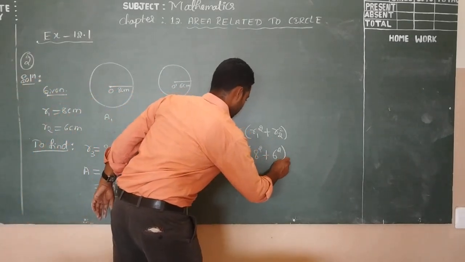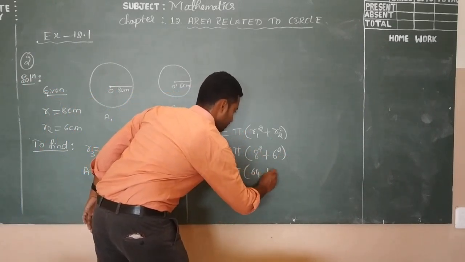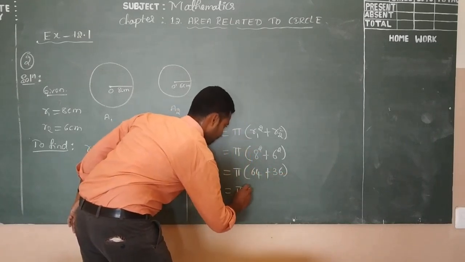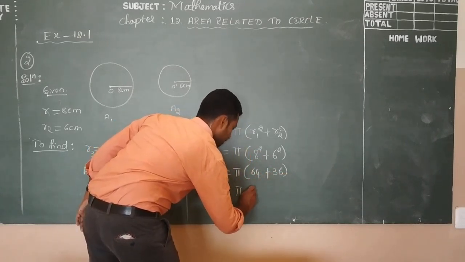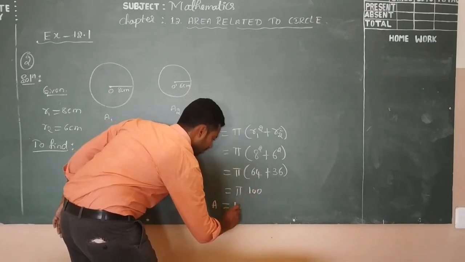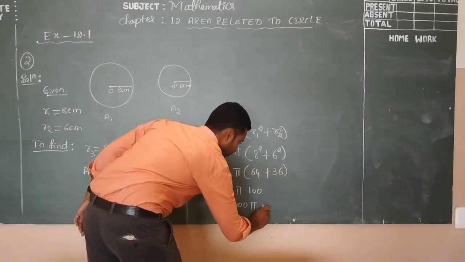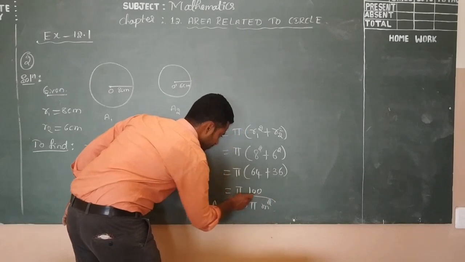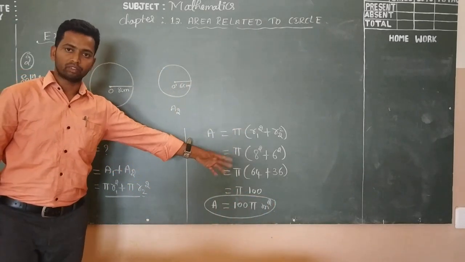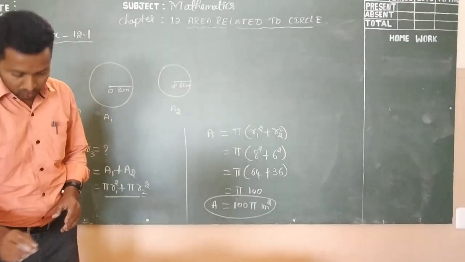So pi times 64 plus 36 becomes pi times 100. So the area of the third circle or unknown circle is 100 pi centimeter square. So this is the area of the unknown circle. Okay, thank you.